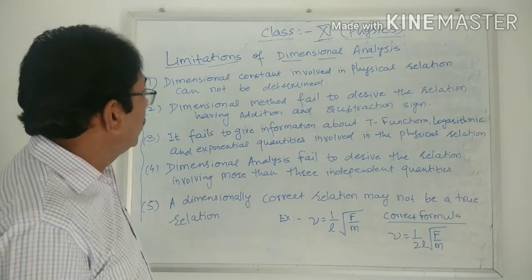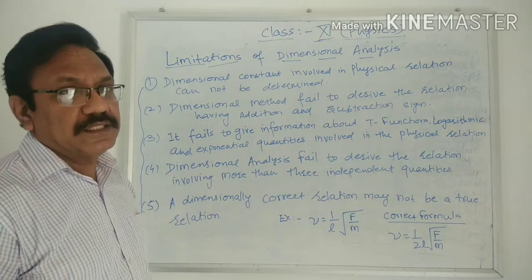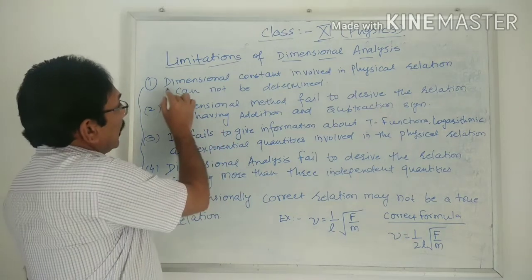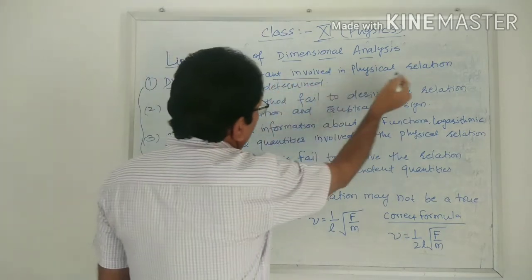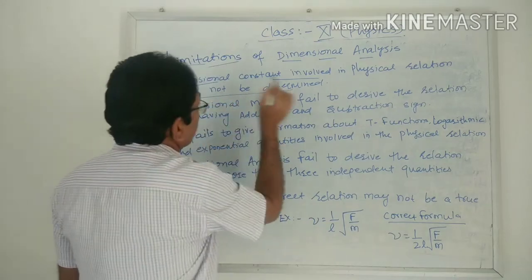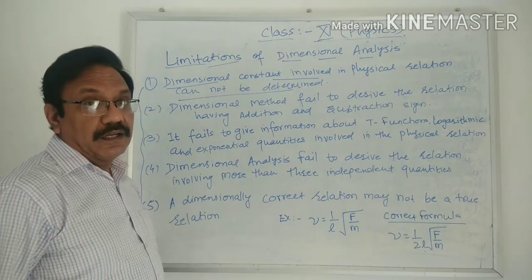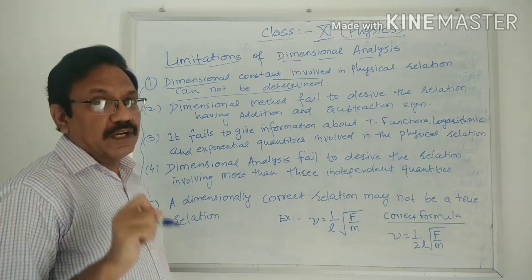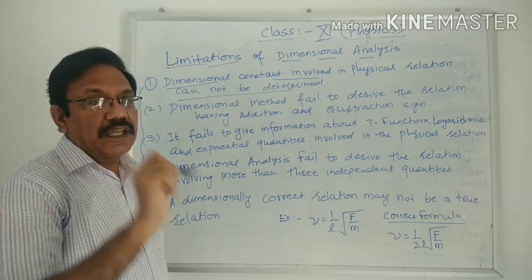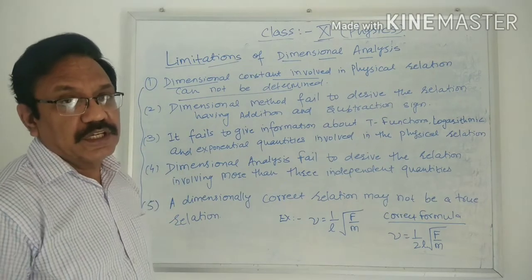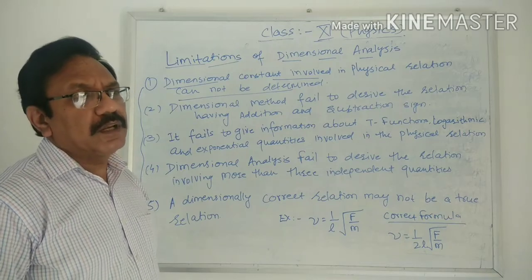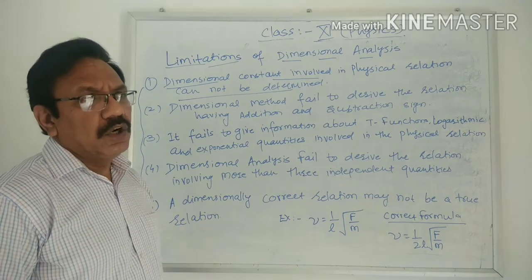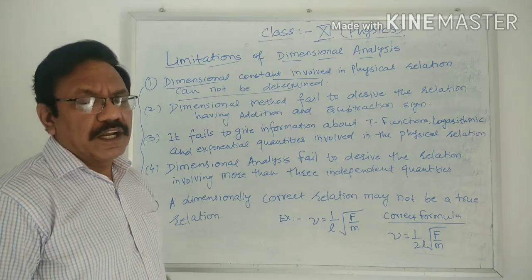First, the limitation of dimensional analysis is that dimensionless constants involved in physical relations cannot be determined. While we are deriving physical relations and placing K as a constant of proportionality, it may be a numeral or some other dimensionless quantity.